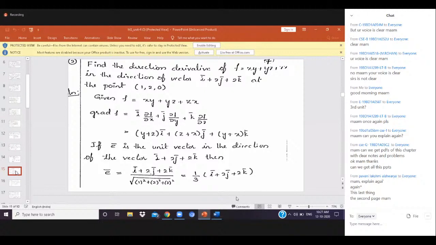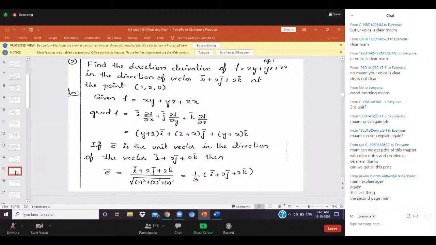So first, one of the questions we are discussing. Find the directional derivative of f equals xy plus yz plus zx in the direction of the vector i bar plus 2j bar plus 2k bar at the point 1 comma 2 comma 0. According to the directional derivative, suppose phi is a scalar point function at the point P of x comma y comma z.